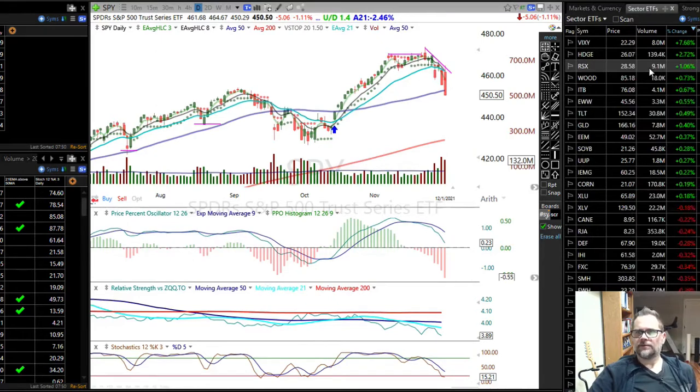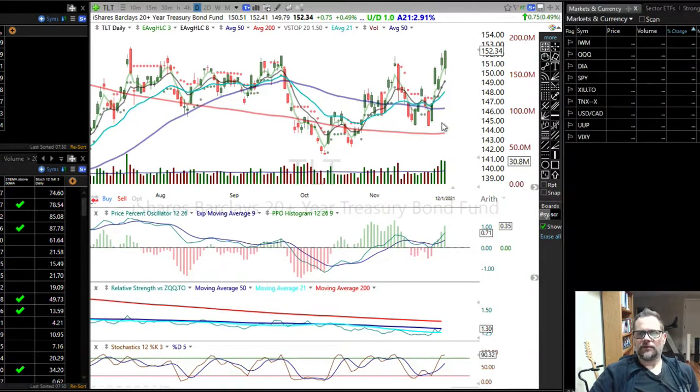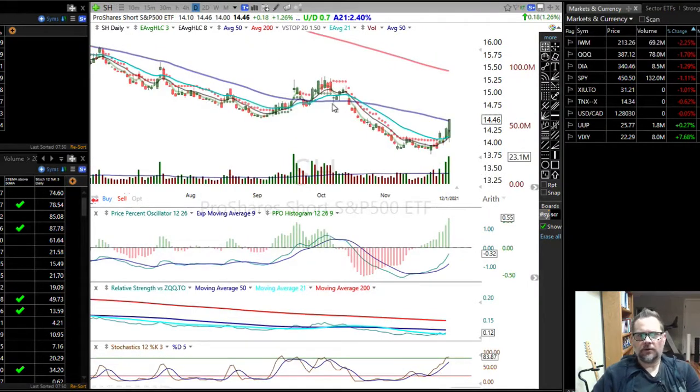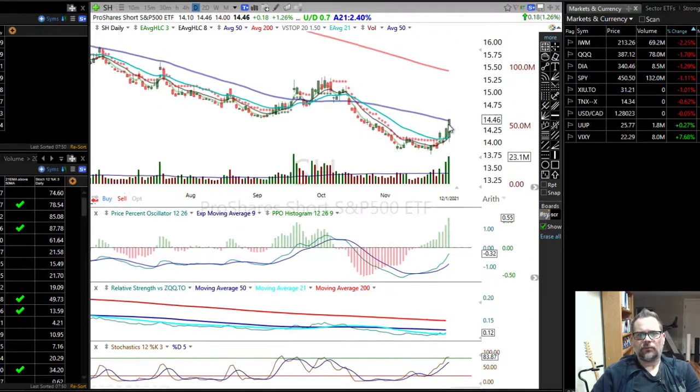I look at the sectors, but I don't see great scenarios here in things that I want to buy just because of the market situation. Of course, you could look at inverse ETFs. So if you look at SH, I don't really like the S&P right now, just because it's right at that 50-day moving average.